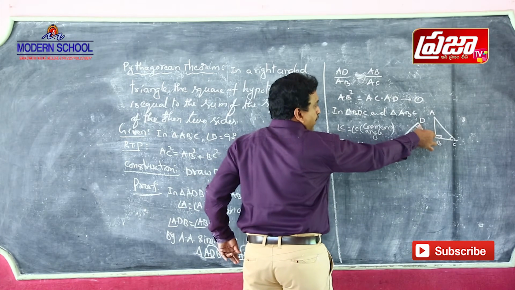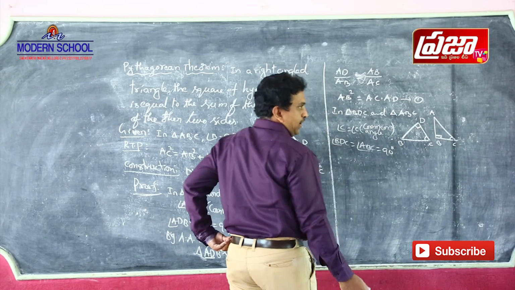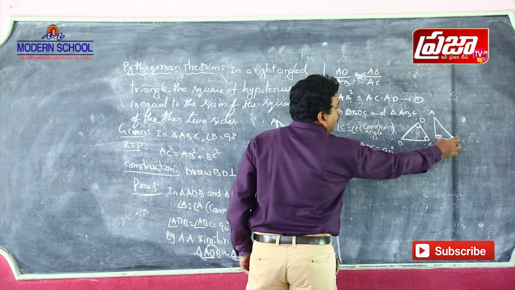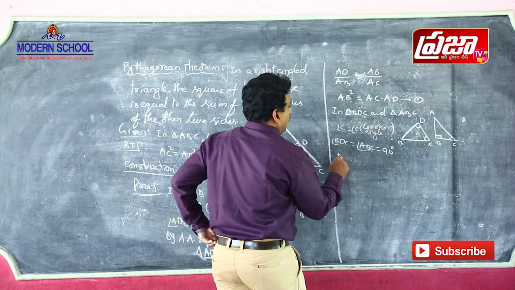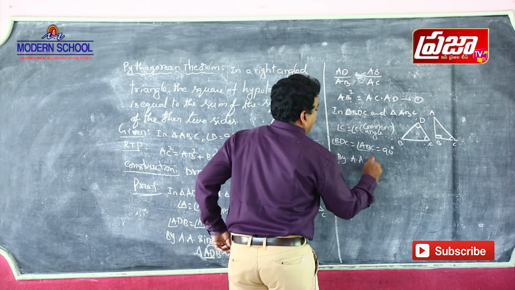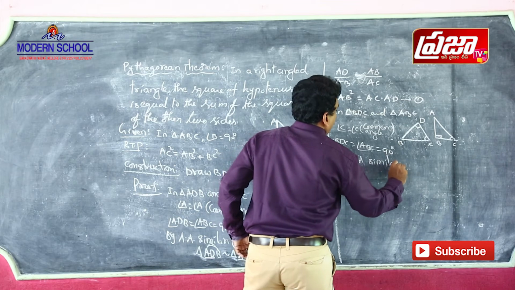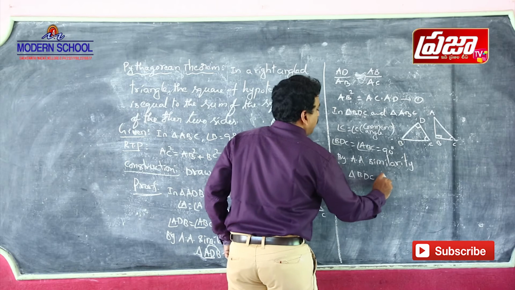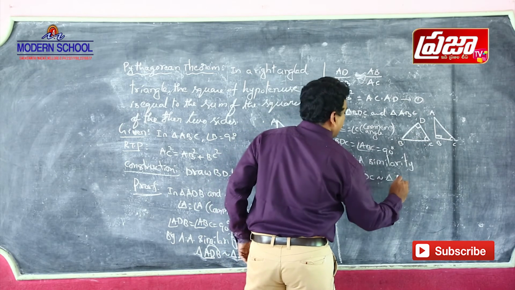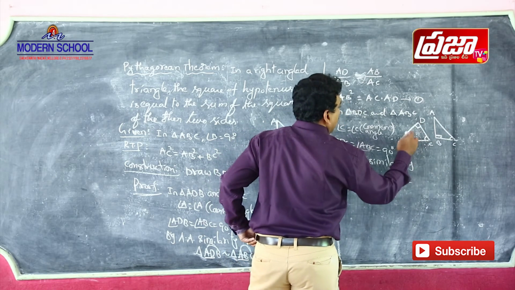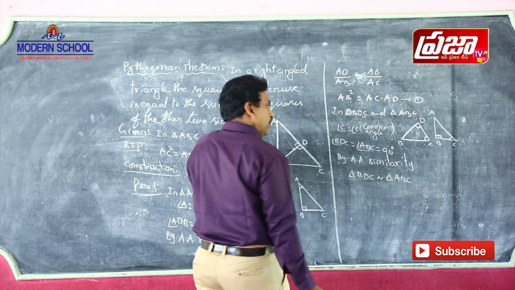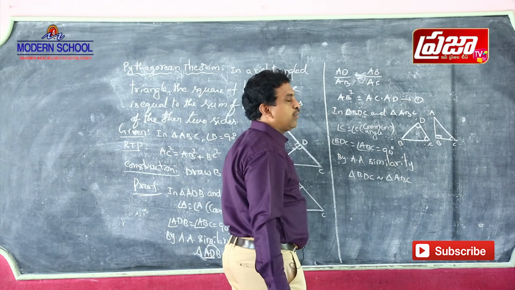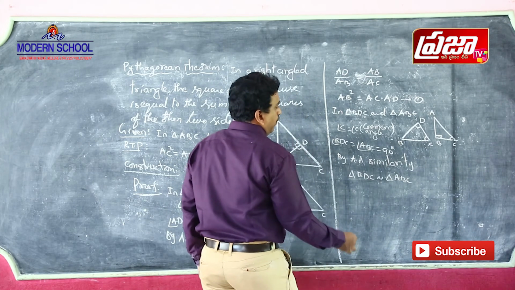Two angles of one triangle are equal to two angles of another triangle, so by AA similarity, triangle BDC is similar to triangle ABC. Again, you know that if two triangles are similar, then their corresponding sides are in proportion.